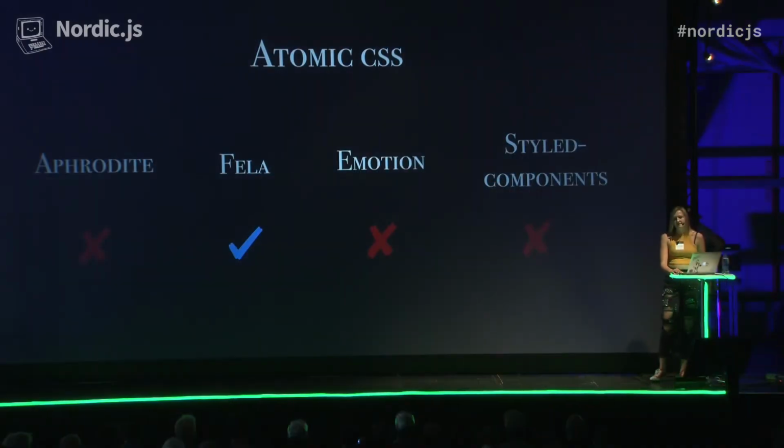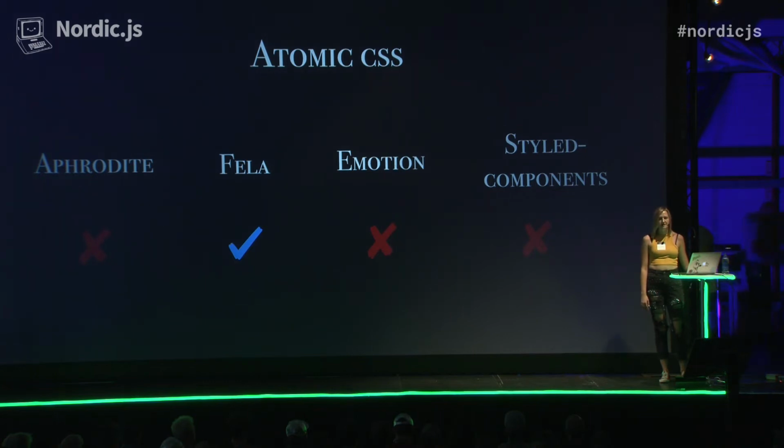atomic CSS. So how the CSS classes are generated in specific libraries here. As you can see, only Fela is generating the atomic CSS. What atomic CSS actually means is that every property of our CSS class is a single responsibility class.